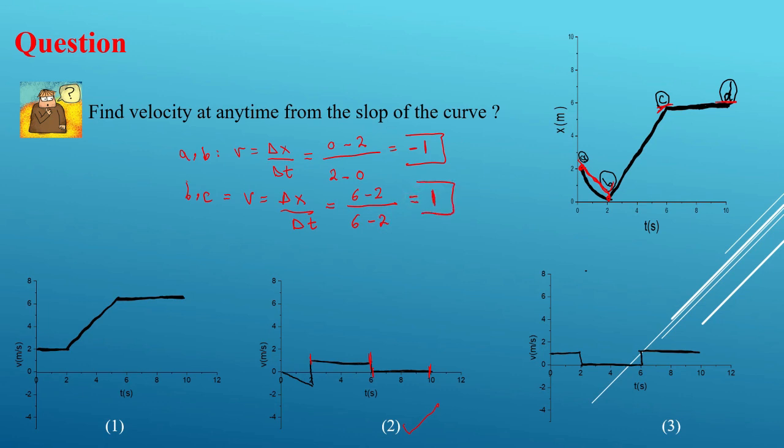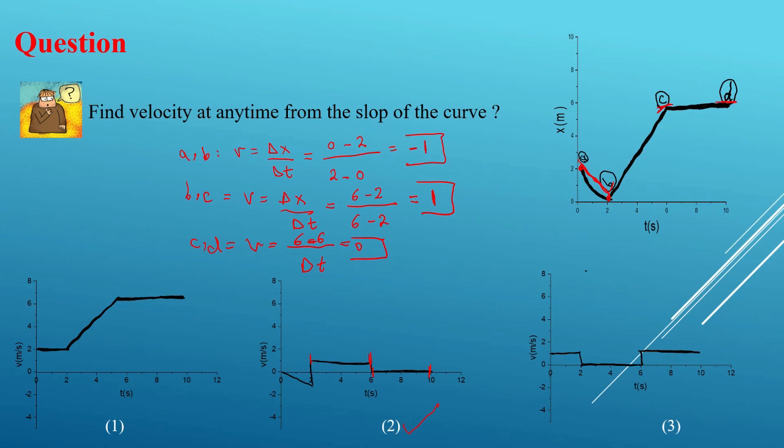How about the last point, C and D? So here my V is equal to 6 minus 6, and I guess time doesn't matter here because at the end I'm going to end up with 0, right?